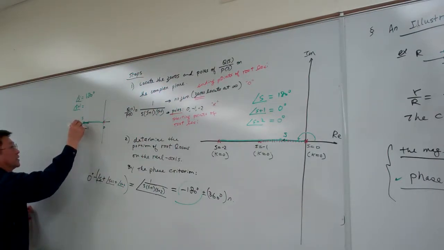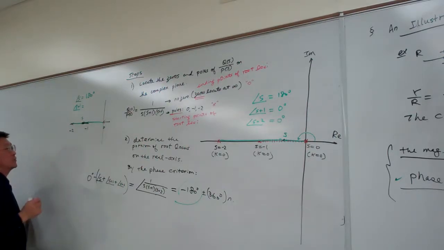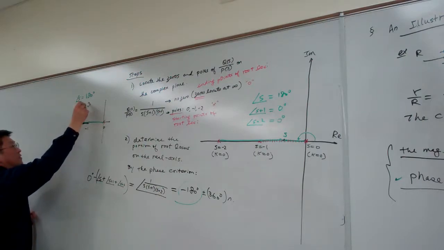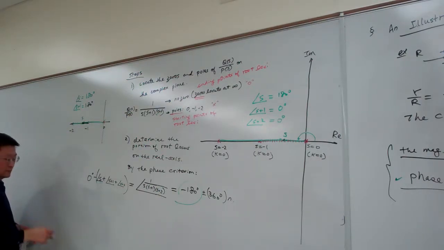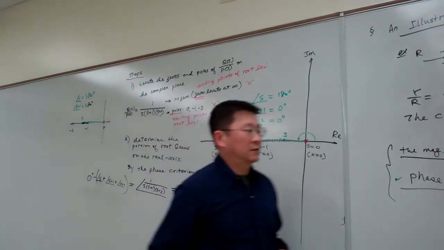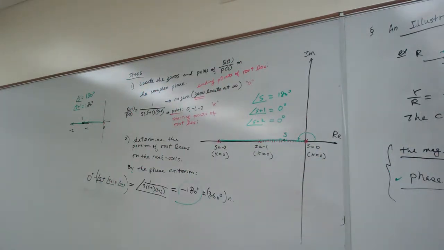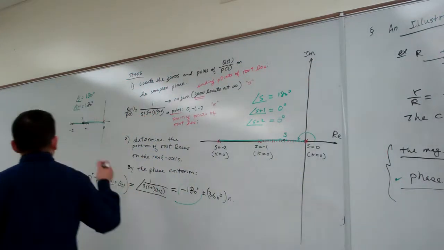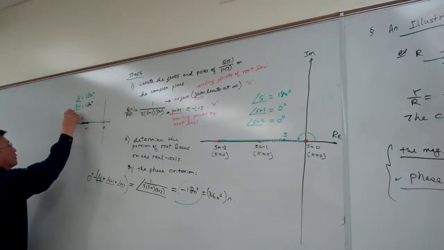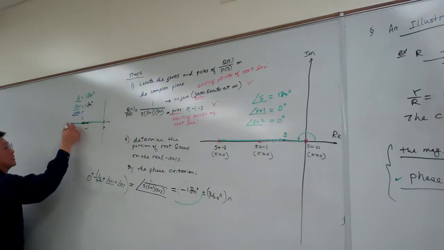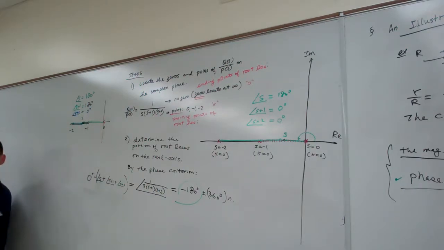This is S, this is 1, so this is the S plus 1 vector, right? So this one is 180 degrees. And then S plus 2, so this is the vector S plus 2, so that is 0 degrees, right?